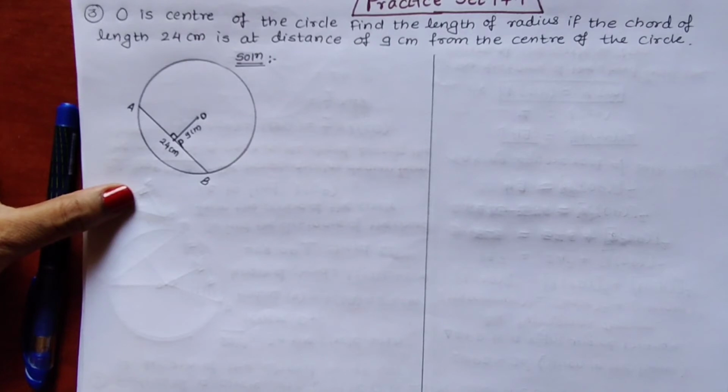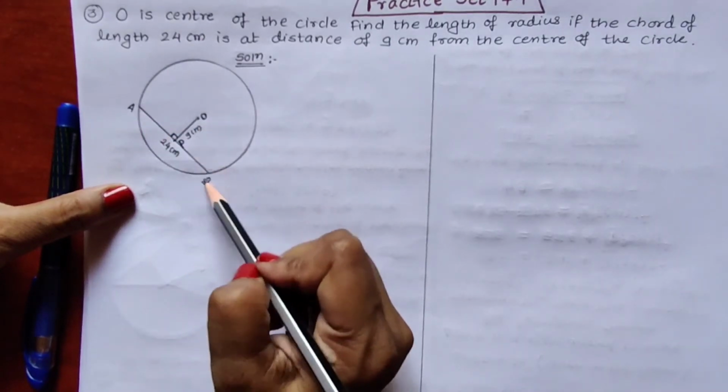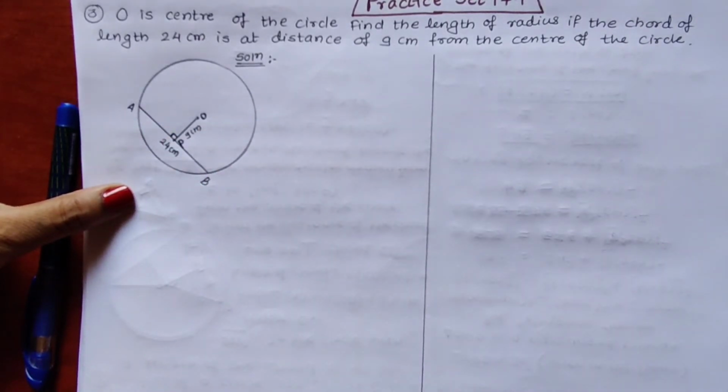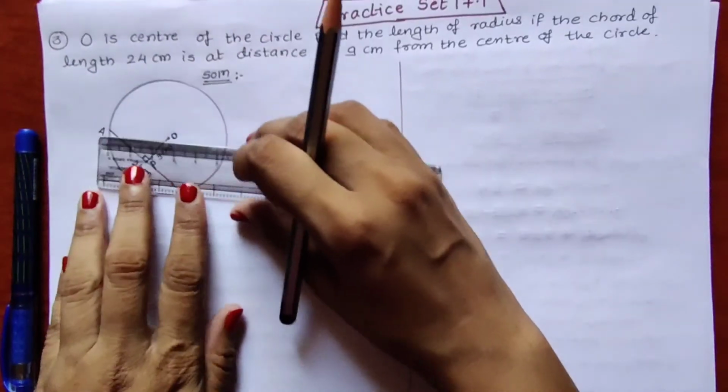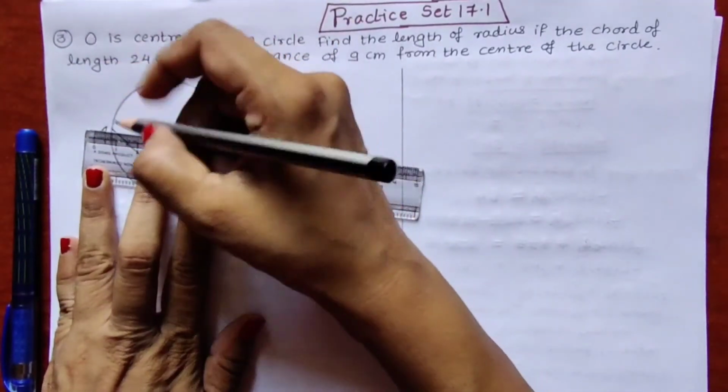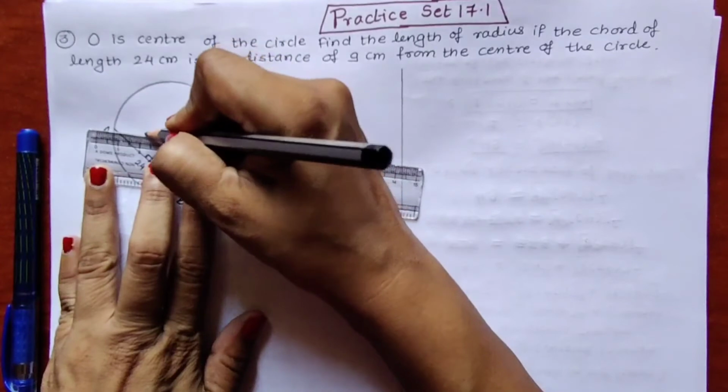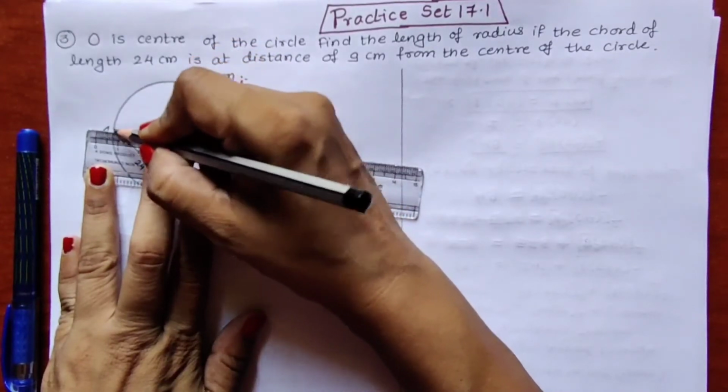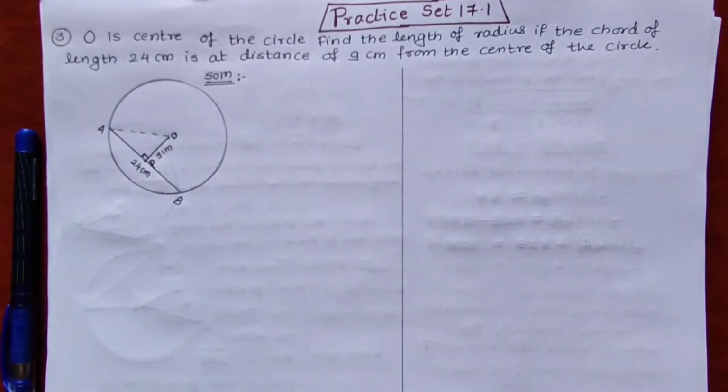Now we have to draw either OA or OB. So I am going to draw this OA, which is the radius of this circle. We have to find this length OA now. So let us start our solution.